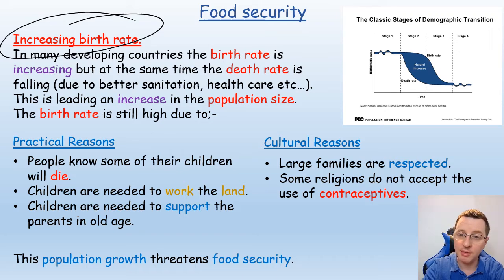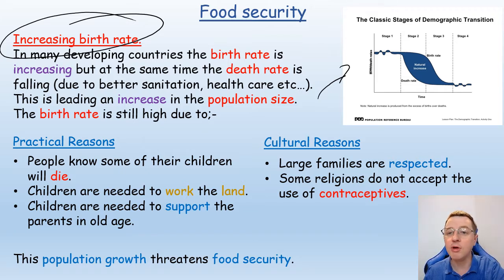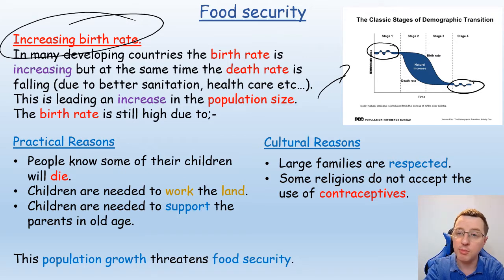For example, here we can have a quick look at this classic stages of a demographic transition graph, and you can see that if we have a high birth rate and death rate, we get a stable population size. If we get a low birth rate and death rate, again you get a stable population size. But if there is a difference between the birth rate and death rate, a high birth rate and a low death rate will lead to an increase in the population size.